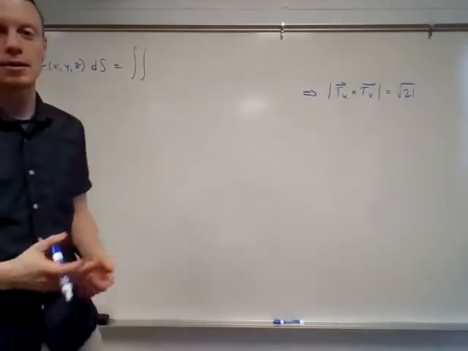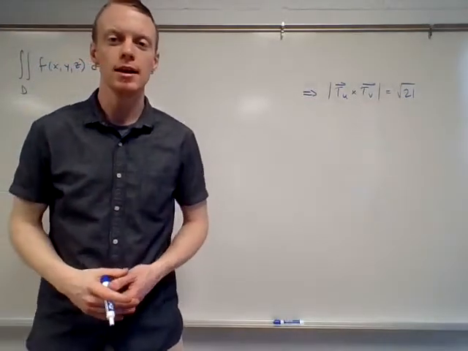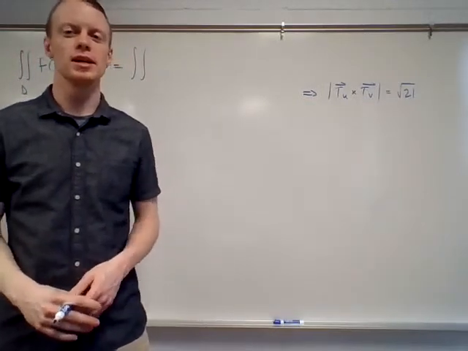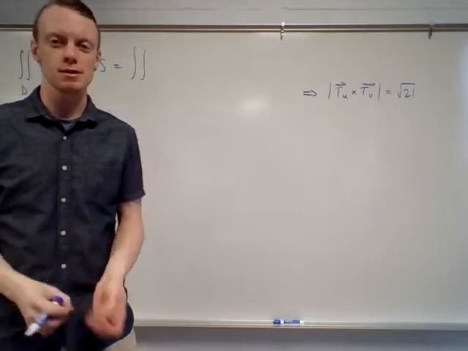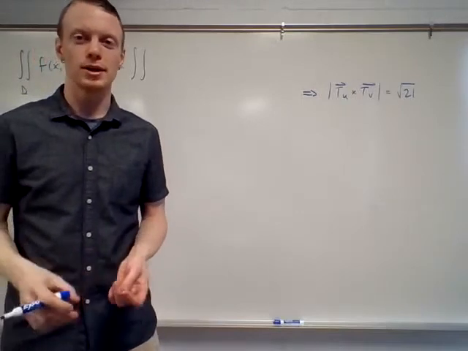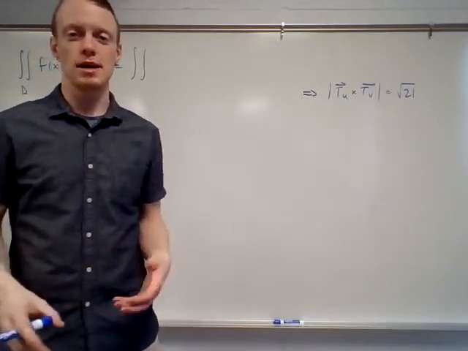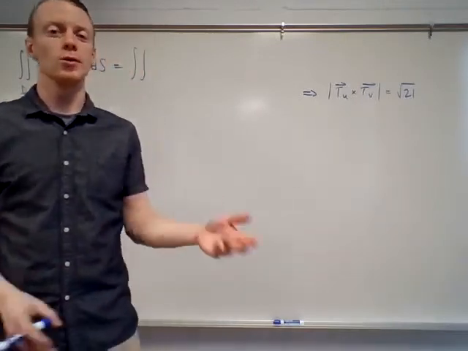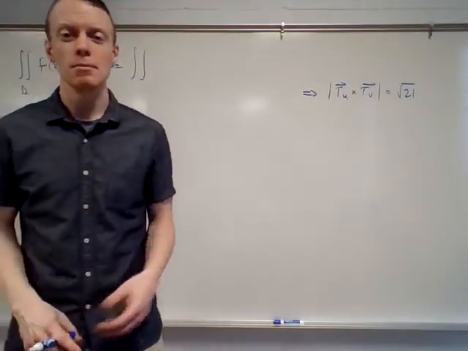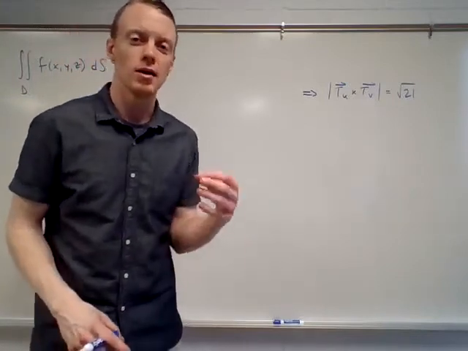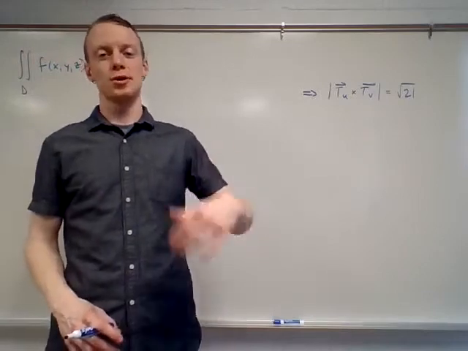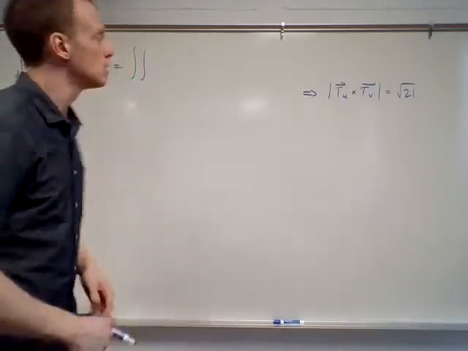We need the bounds on u and v. In many problems that you will see, since both of your u and v bounds are constants, it doesn't matter the order in which you integrate. You could do dv, then du, or du and then dv. But in this particular case, one of our v bounds is in terms of u. So you have to be sure to integrate with respect to v first.